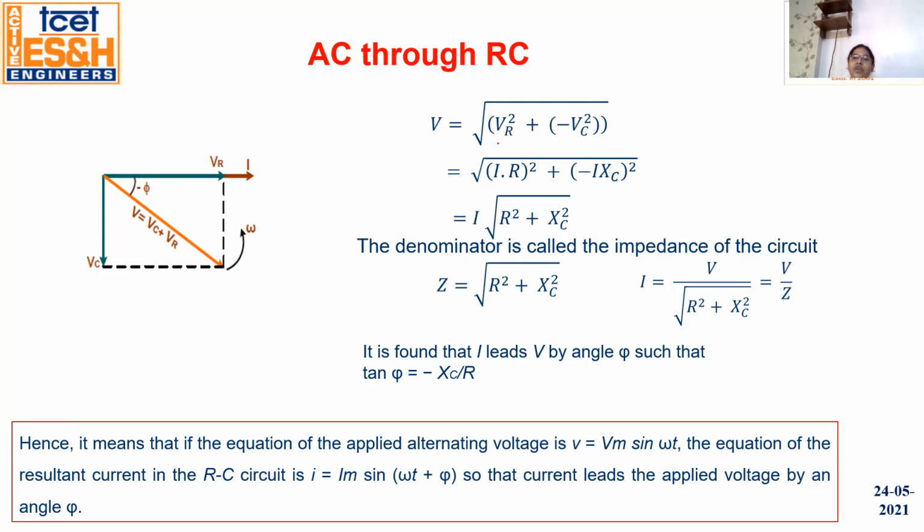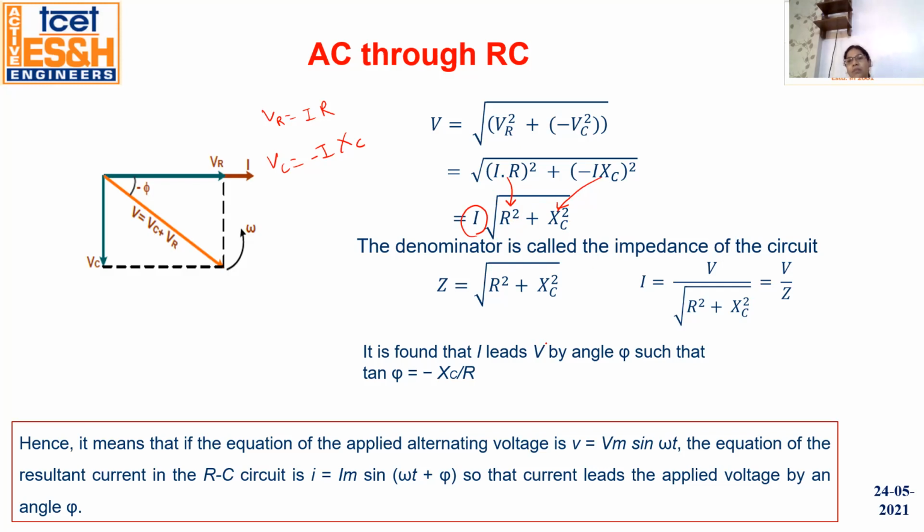We represent VR by I into R, and VC is equal to I into XC. So you write here in place of VR and VC. What you will get? I square R square and XC square, and take this common parameter outside from the under root. Okay, so only remaining is R square plus XC square.